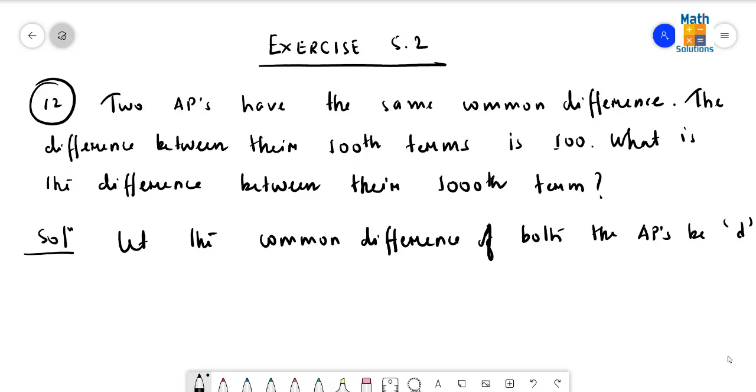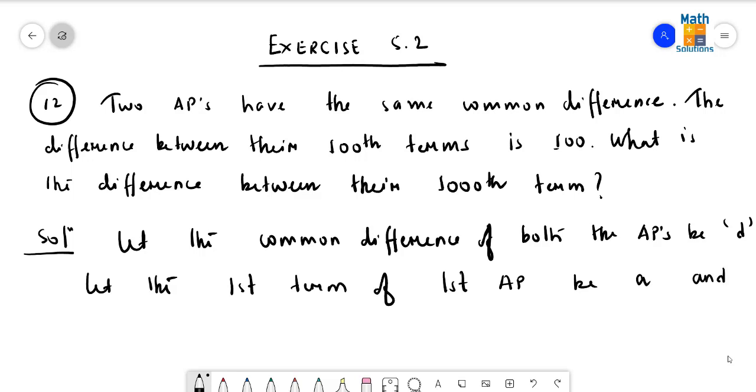The difference between their 100th terms is 100. So I shall consider that let the first term of the first AP be a and the first term of the second AP be a dash.